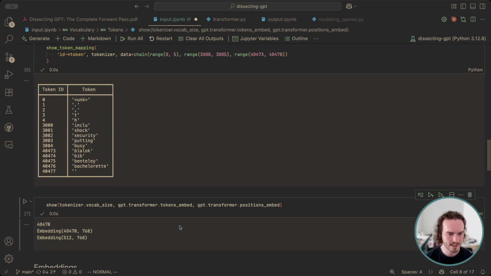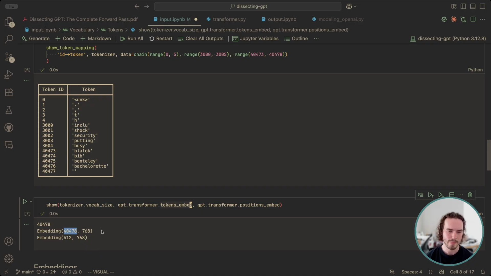If we look at the tokens embed from our model, you can see that it's this embedding layer, and as an input dimension, it has that 40,000 number. So that matches exactly our tokenizer vocabulary, and that is no accident. The tokenizer and the model need to have the exact same vocabulary because the tokenizer is the translation piece.